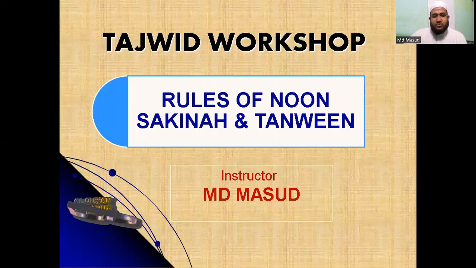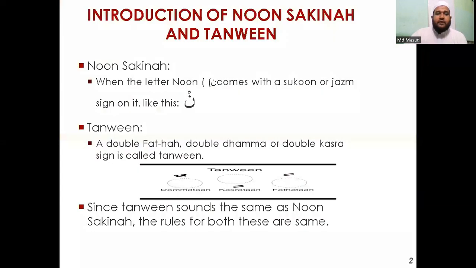So let's dive into our main lesson. In today's class, we're going to discuss the rules of Noon Sakin and Tanween. So first, we should know what is Noon Sakin and what is Tanween. Noon Sakin: when the Arabic letter Noon comes with sukun or jazm, it's called Noon Sakin.